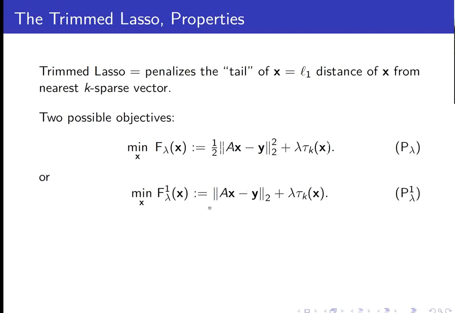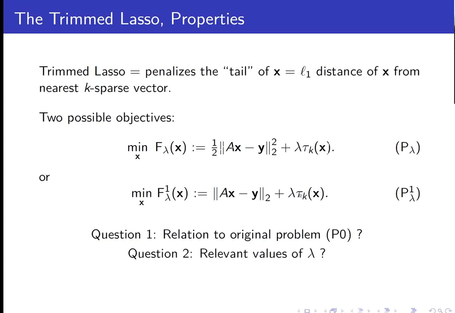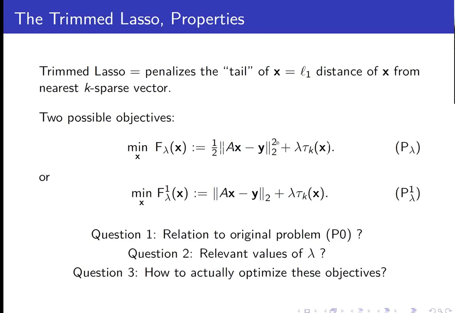And this formulation raises several questions that we're going to try to address. One is, what is the relation between these optimization problems and the original best subset selection problem? Second, what values of lambda should we work with? And third, how are we actually going to optimize this problem, okay?